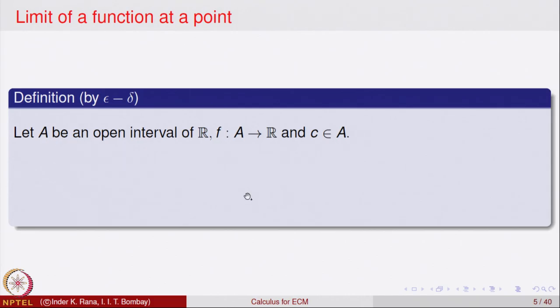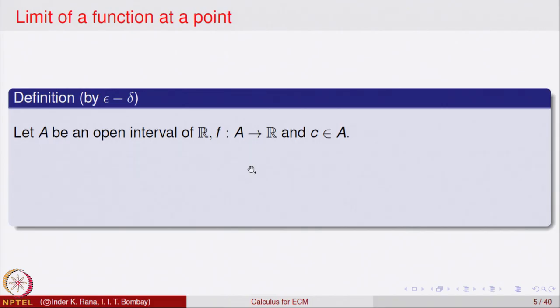We also gave another definition of the limit of a function at a point as follows. Let us say f is defined in an open interval around a point C in the domain, like we said, C minus delta and C plus delta.